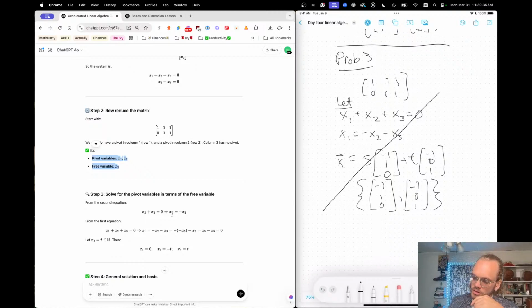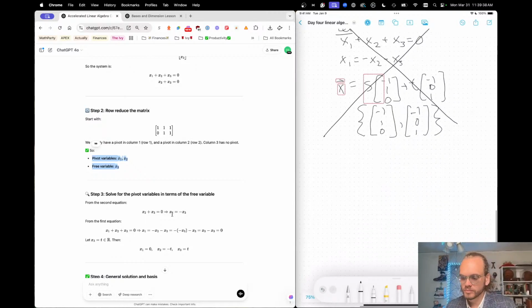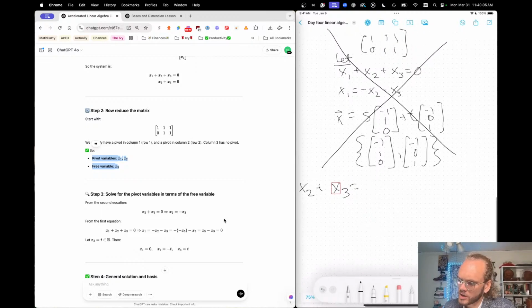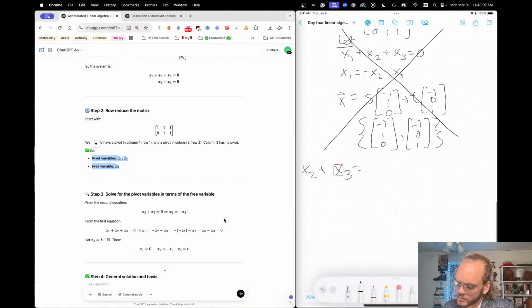So I'm going to just draw a light cross through this. So I want to say instead that x2 plus x3 equals 0. That's what I get from the second row here. So x sub 3 equals negative x sub 2.